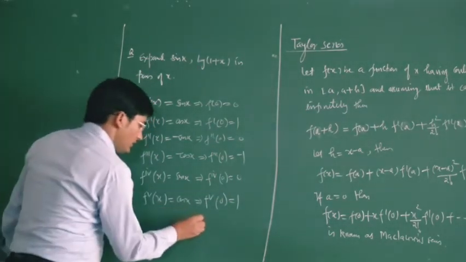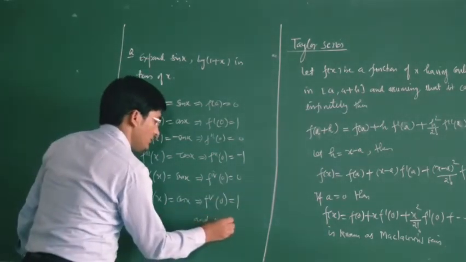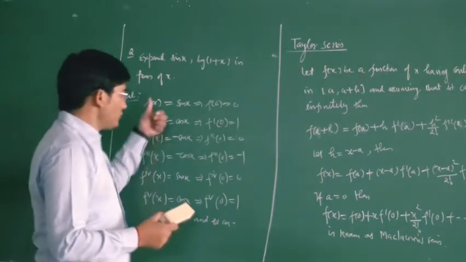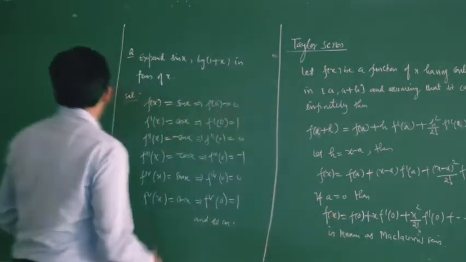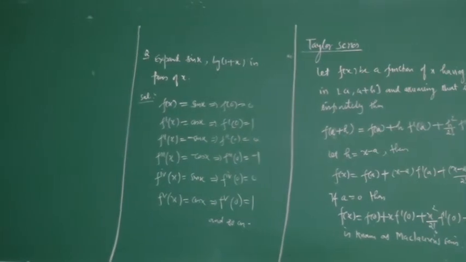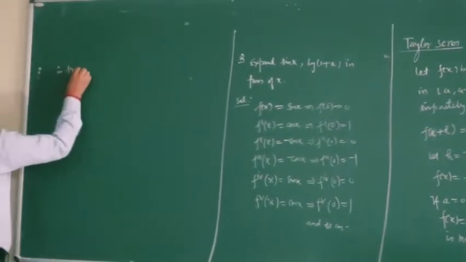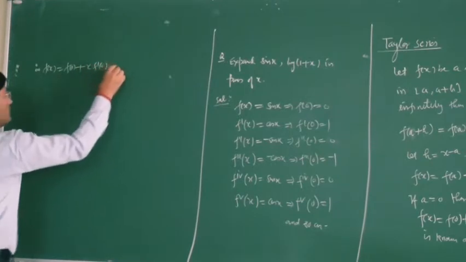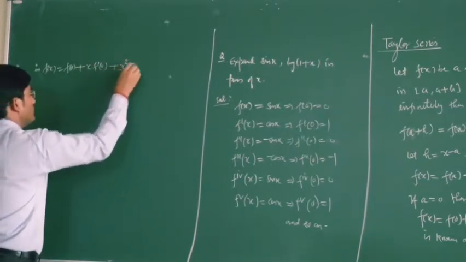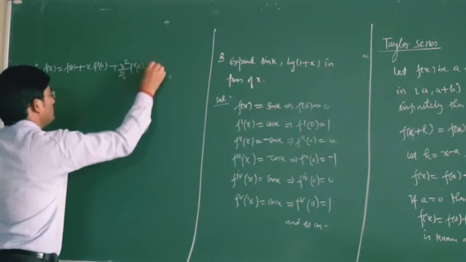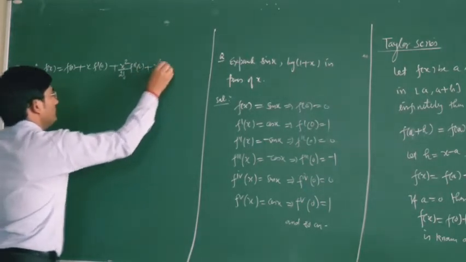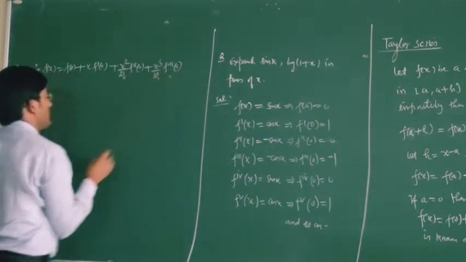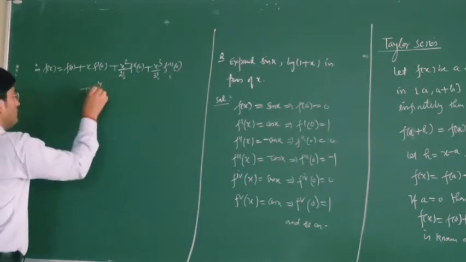And similarly we can have other derivatives. So let us put these values here. Therefore, f(x) equal to f(0) plus x f dash 0 plus x square upon factorial 2 f double dash 0. Then the third term, the third derivative. Then we can have the fourth one.